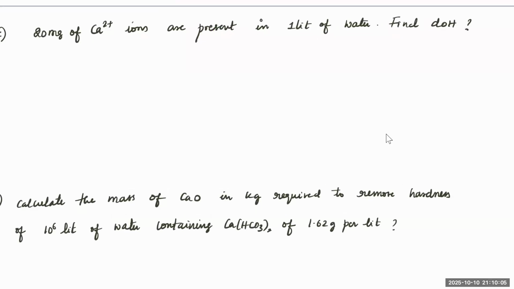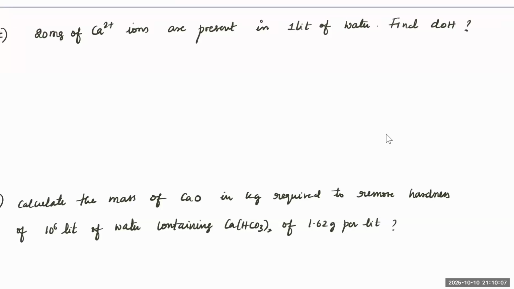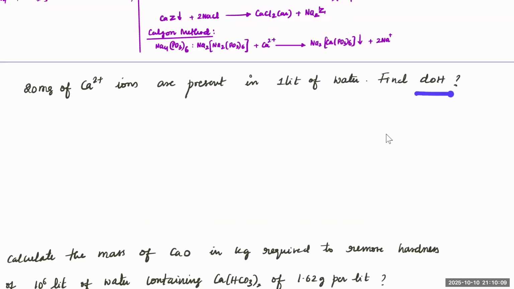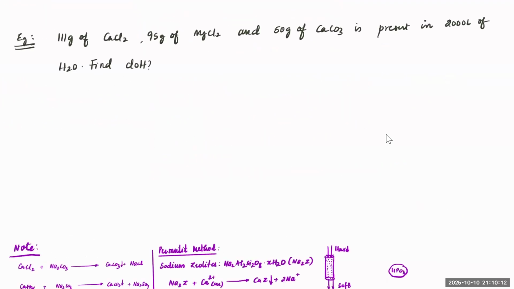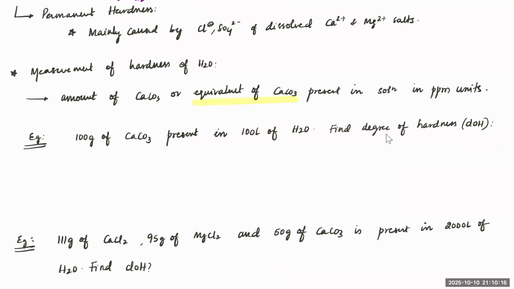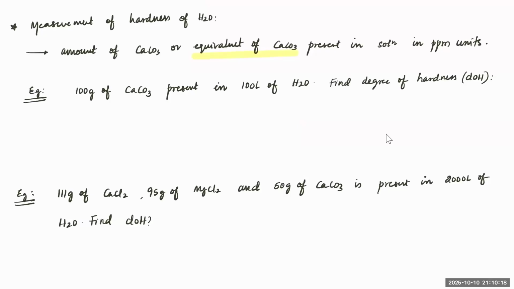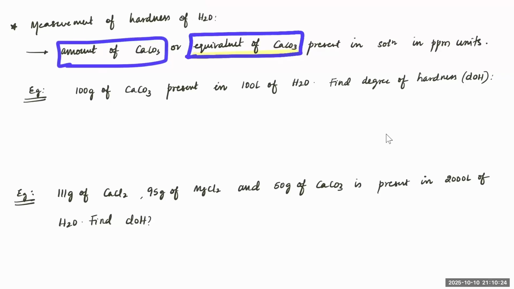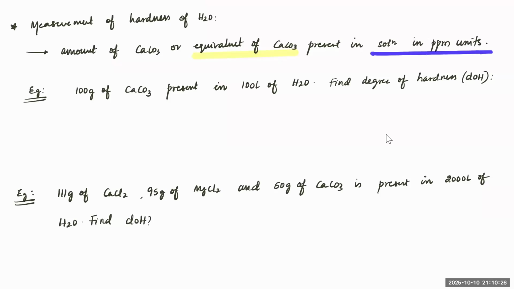Got it? Now notice what is degree of hardness. To understand the degree of hardness, check out how we measure it. The amount of calcium carbonate, or the equivalent of calcium carbonate, that is present in the solution in ppm units is called the degree of hardness.